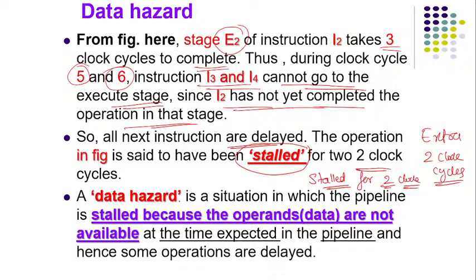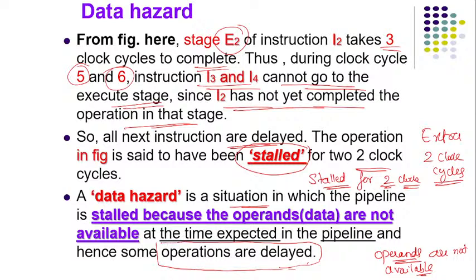Okay, so a data hazard is a situation in which the pipeline is stalled because the operands are not available at the time expected in the pipeline, hence some operations are delayed.